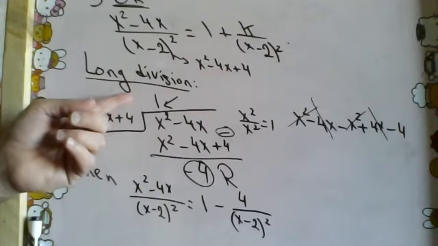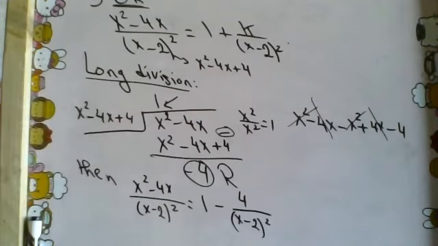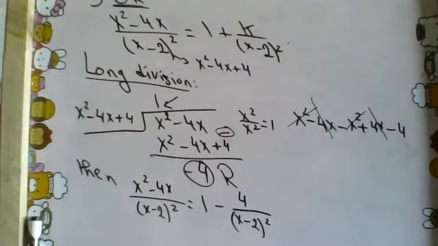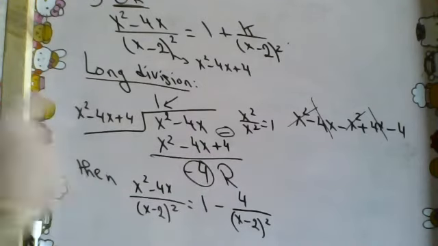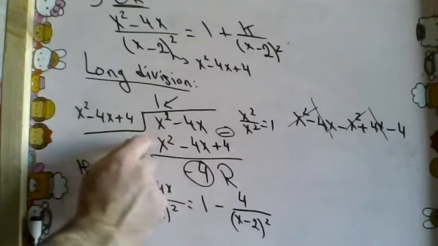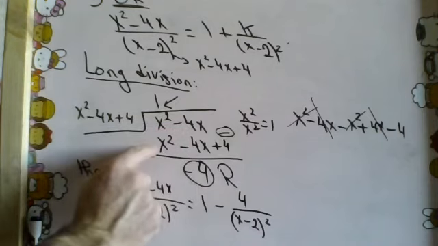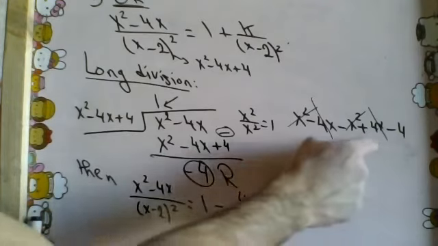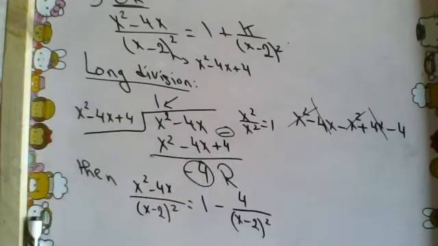Then you multiply 1 by everything: 1 times x squared is x squared, 1 times negative 4x is negative 4x, and 1 times 4 is 4. Third step, subtract. To subtract, you have to change the signs, so you get x squared minus 4x minus x squared plus 4x minus 4. The answer here is negative 4.